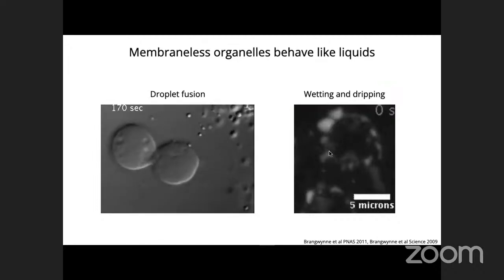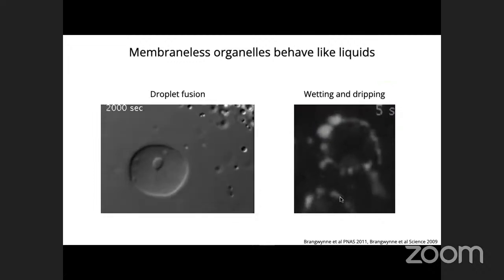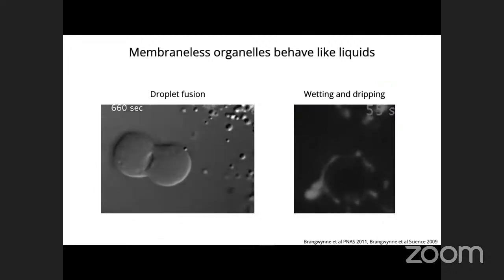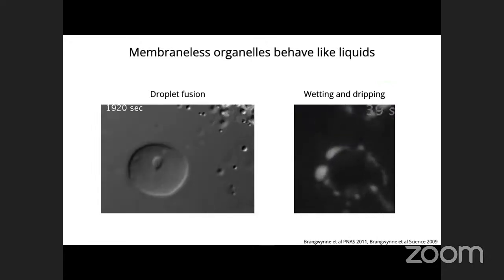What's going to happen when I play this movie is someone is pushing down on the glass cover slip. So they're applying a stress, a force, and that's going to cause the germ granules to drip and flow off of the surface of the nuclei.